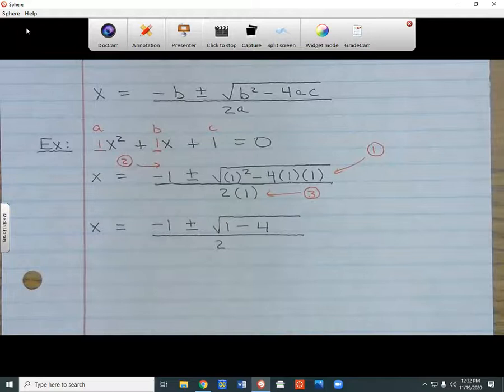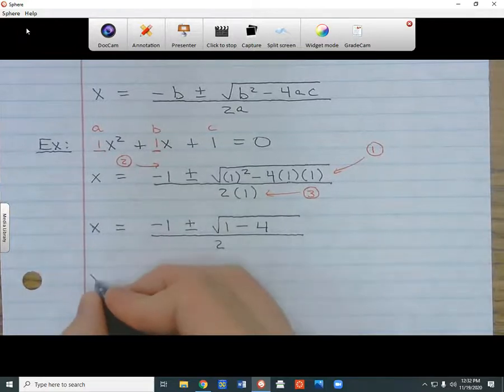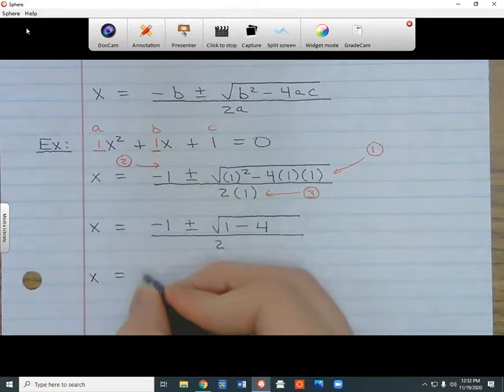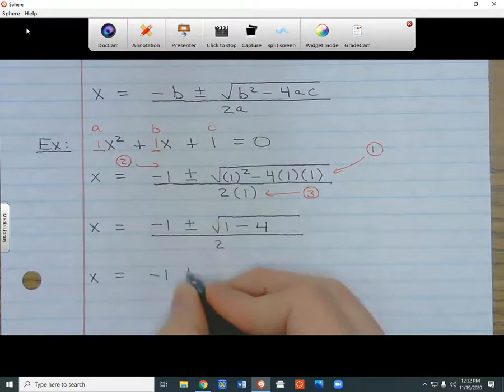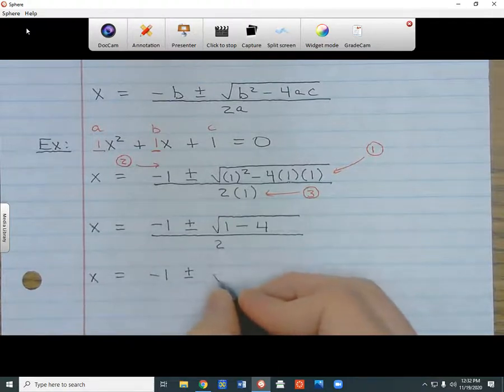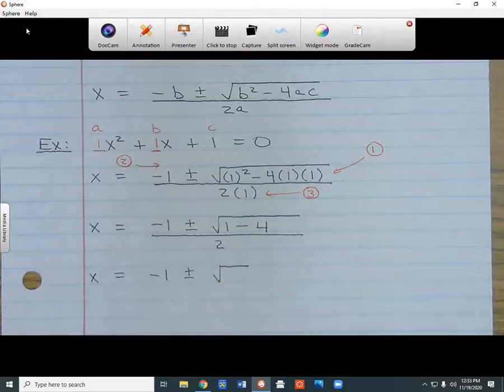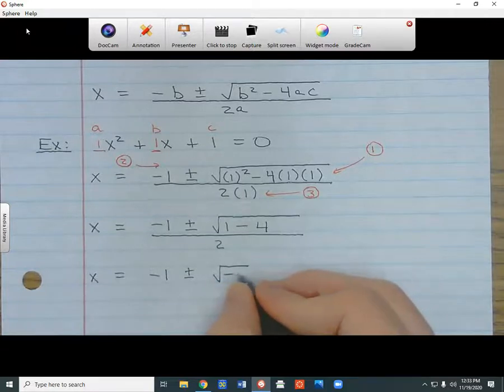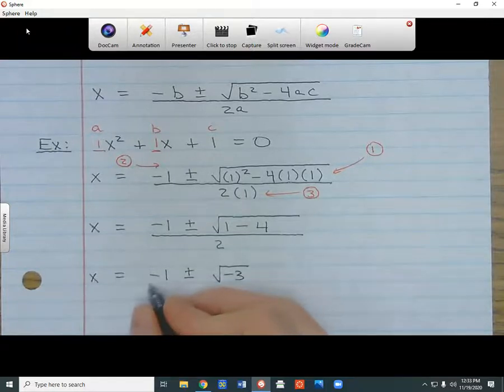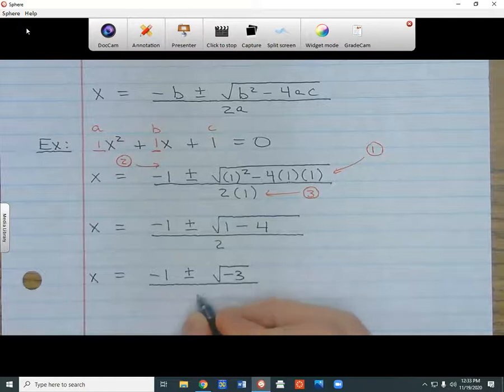So I have x equals negative 1 plus or minus the square root of 1 minus 4. And 1 minus 4 gives me negative 3. So I put a negative 3 on the inside of the radical. And everything is still divided by 2. Okay?